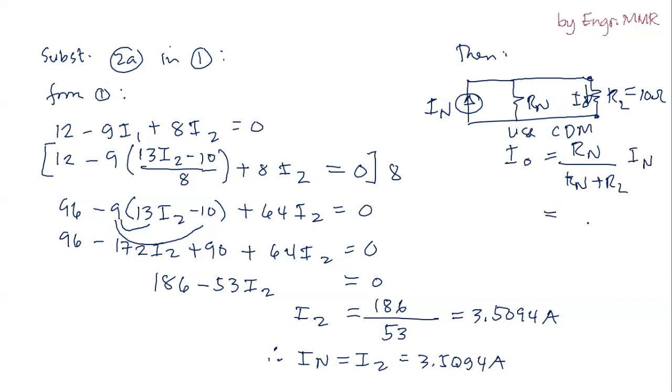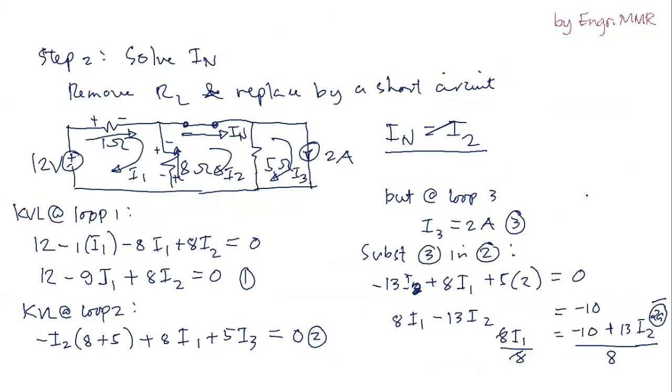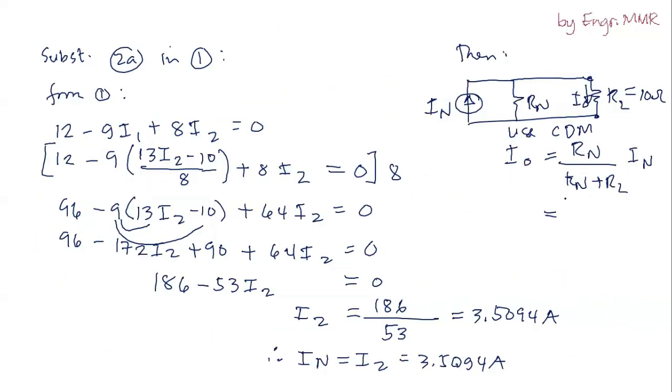If we substitute, RN is 5.889, so 5.889 divided by 5.889 plus 10, times the IN of 3.5094 amperes. If we solve it, the IO, or the IL, the current through the load, is equal to 1.301 amperes.